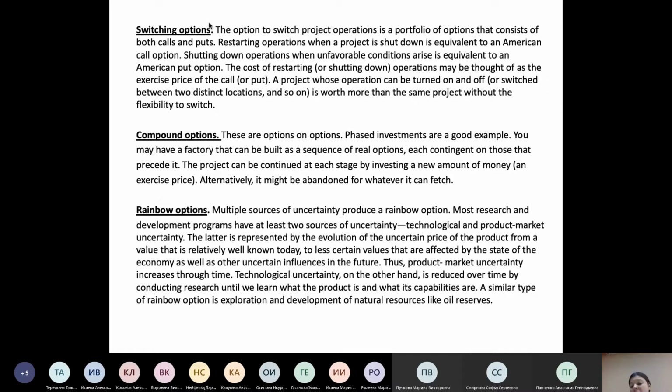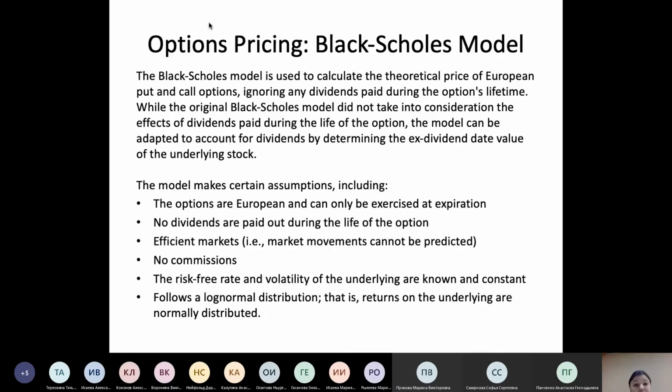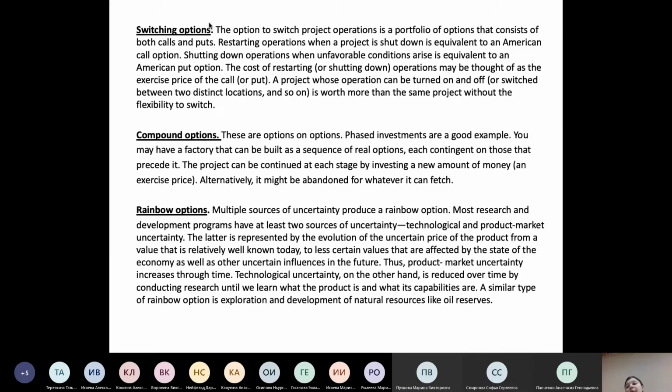And now, as we analyzed the classification of our real options, we formed the definition of real options.